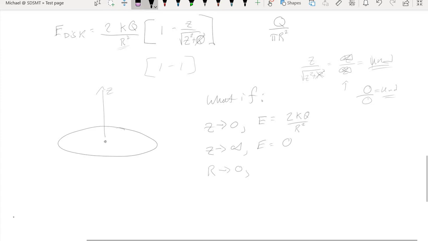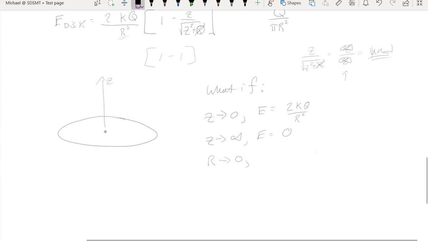So here's the logical line of reasoning. If we took this disk and we shrunk it down to a point of 0 radius, what would you get?